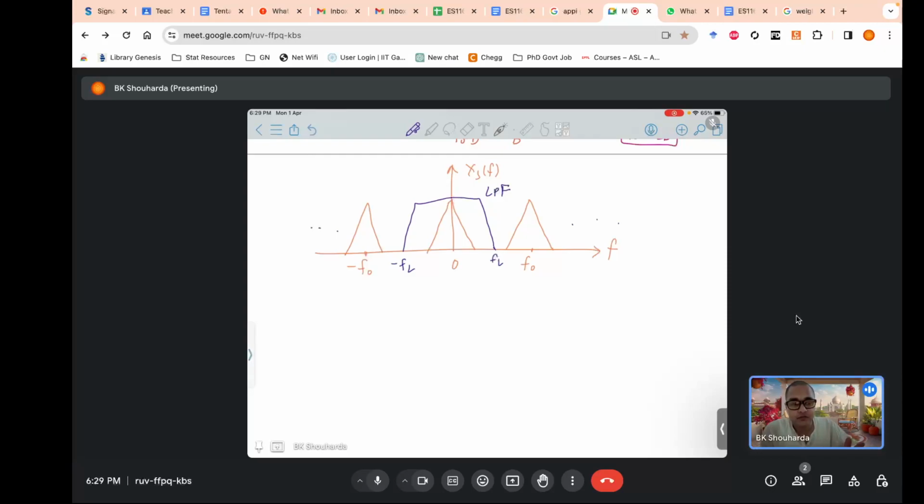You know that real life filters have some roll off and such characteristics. The order of the filter determines the roll off. Because of the finite roll off, the filter cannot have an abrupt edge from some value to 0. It will gradually decrease.